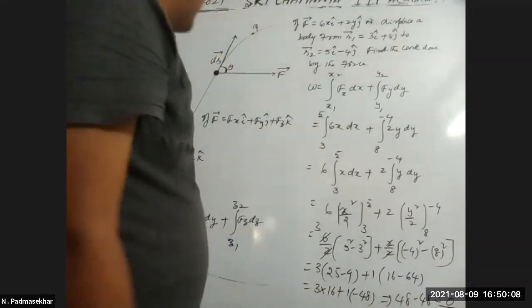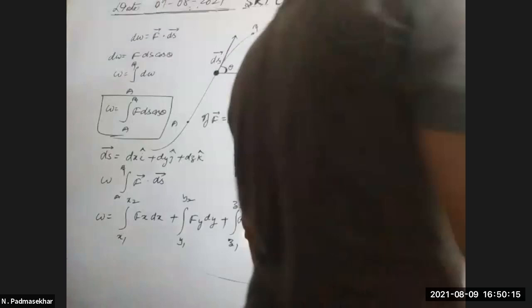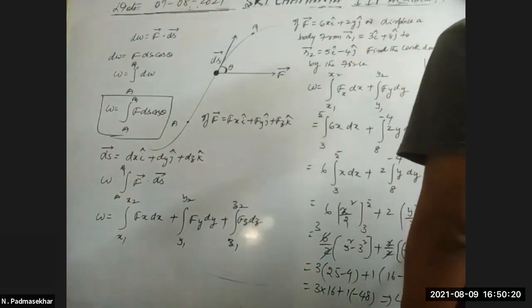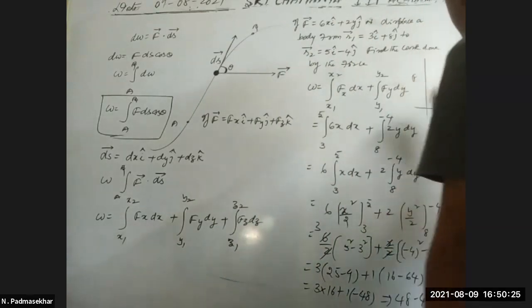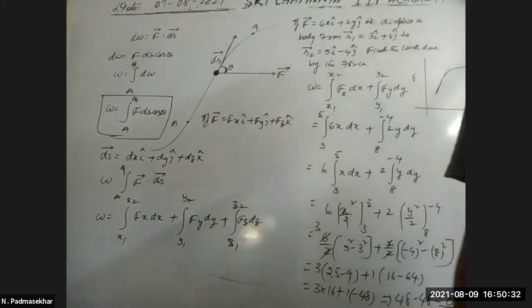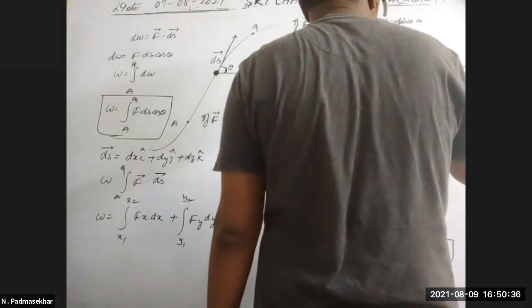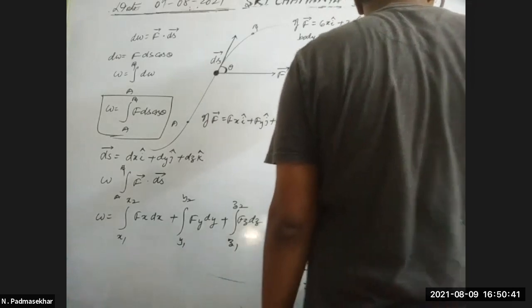Now the graph for the work done by a variable force. This is the displacement, and this is the force. A variable force will take a graph like this. S1 is there, and it is S2.